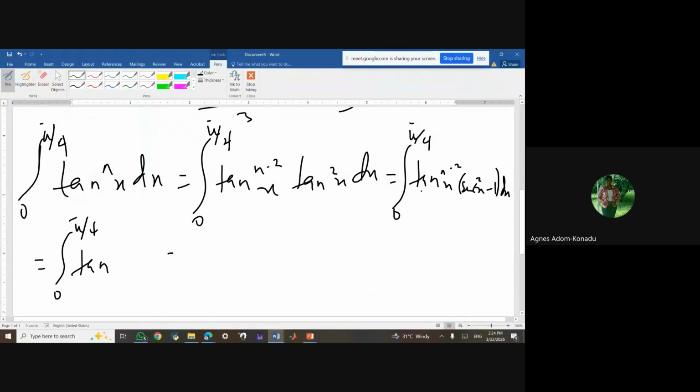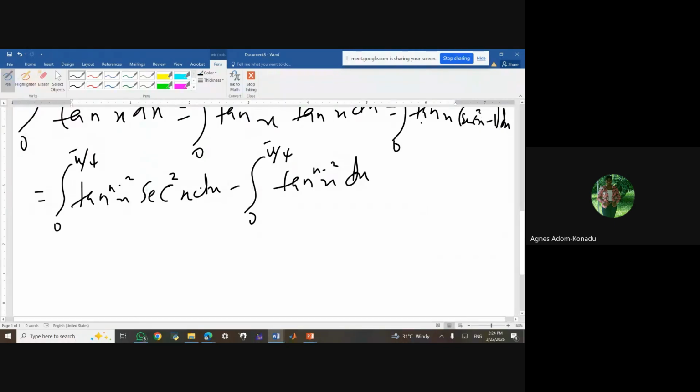I have the integral from 0 to pi on 4 of tan^(n-2) x sec squared x dx minus the integral from 0 to pi on 4 of tan^(n-2) x dx.